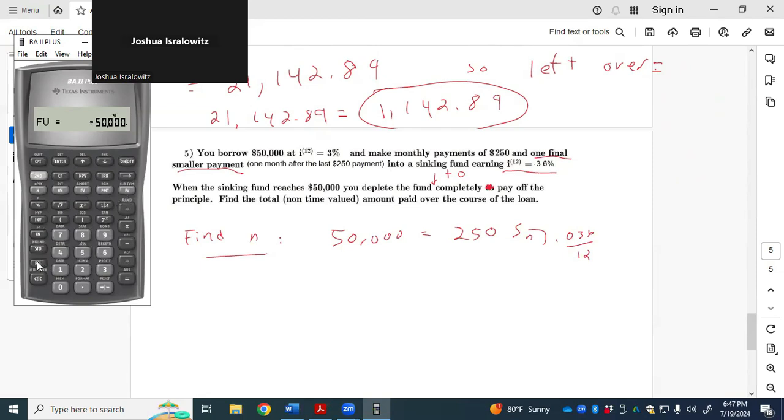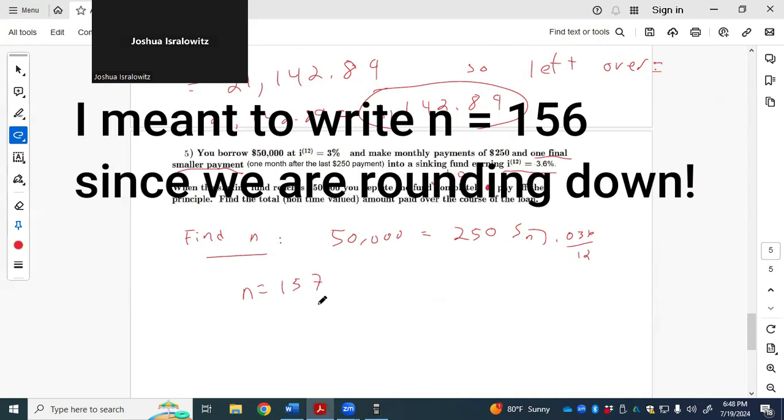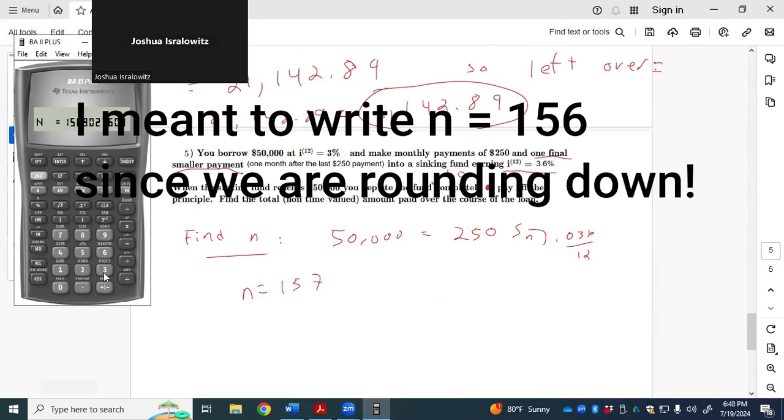So now recall, compute, and 156.90. So we want to round down because I'm telling you that you have 250 payments and one last smaller payment of less than 250. So if you have 157, then this is, let's see, 0.3 interest, 250 payment, compute.